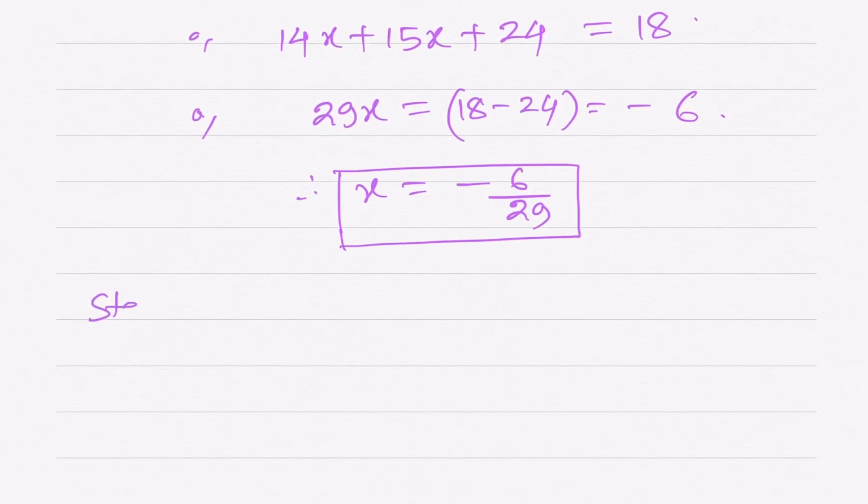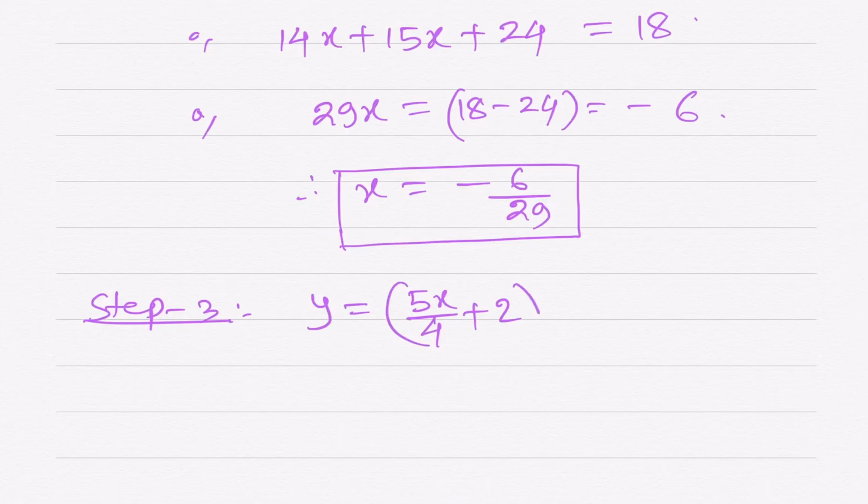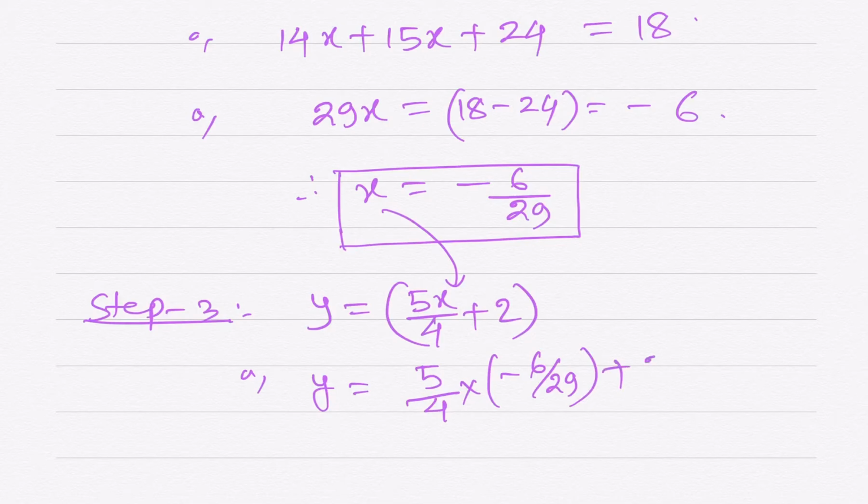Now step 3, we calculate the value of y. Substitute the value of x in equation 3. Our equation 3 is y equals 5x by 4 plus 2. Now we substitute the value of x here: y equals 5 by 4 into x, which is minus 6 by 29, plus 2.